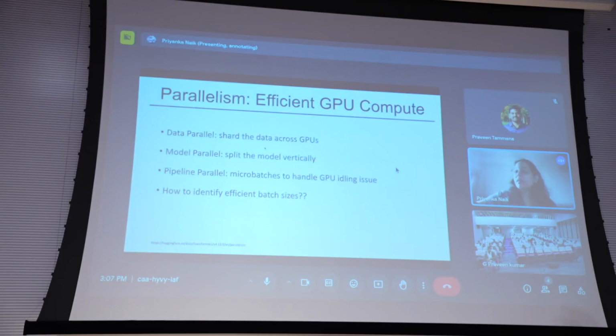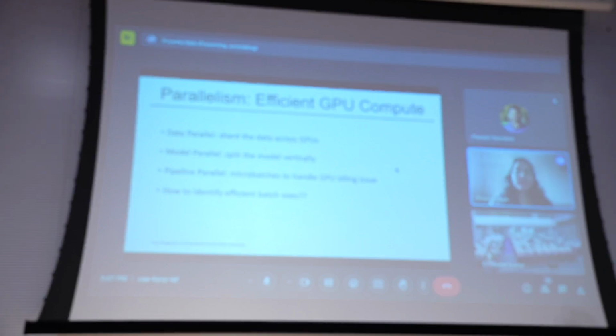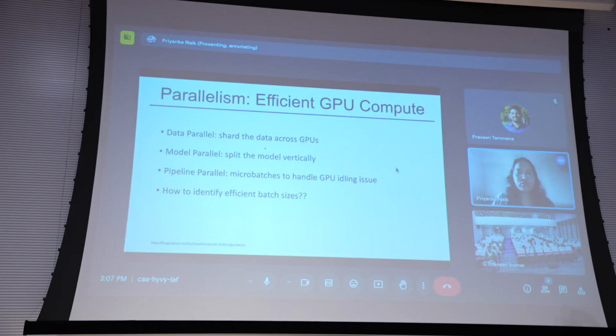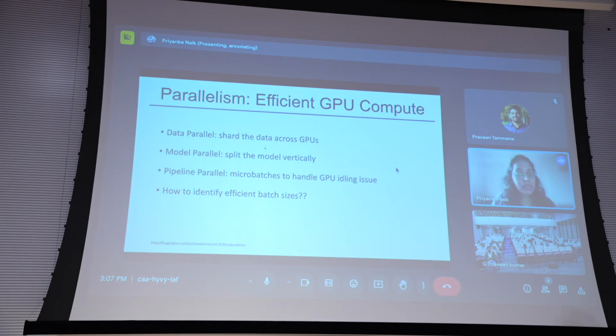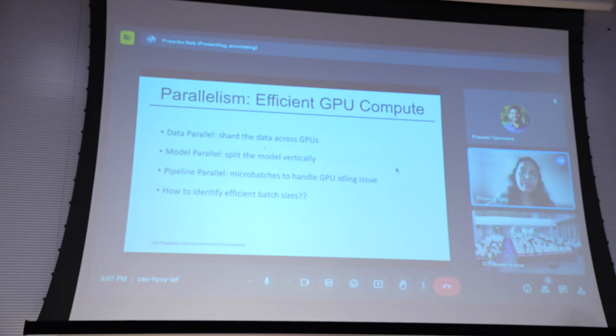And similarly, there is a dependency, right? The 8th layer needs to complete and talk back to your GPU 0 for it to run the next epoch or next batch of data that it needs to process, right? So it is bottlenecked by how efficient your network is, but you also lose on the compute.